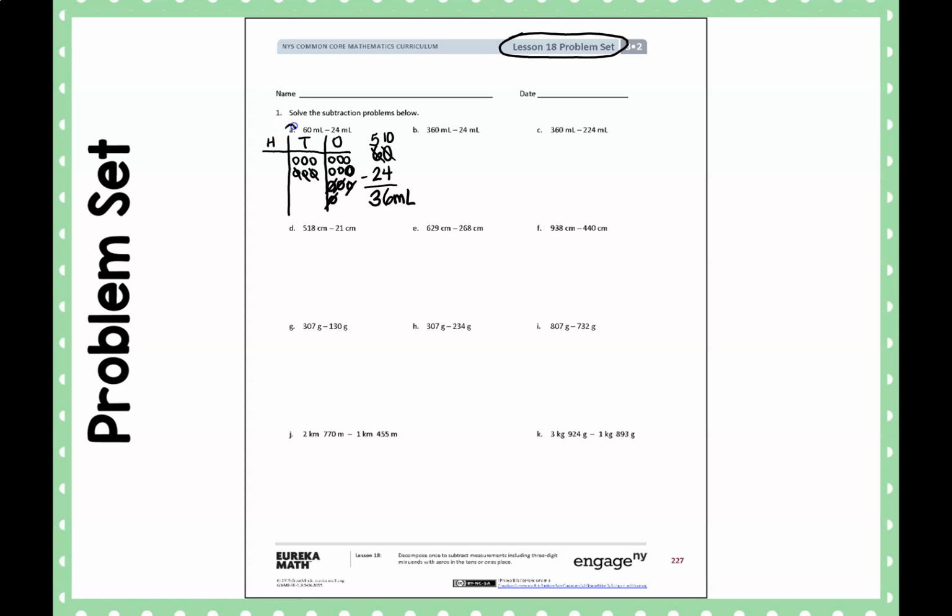So we did A. Let's look at E. We have 629 centimeters minus 268 centimeters. Let's draw out our place value chart and write our standard algorithm.